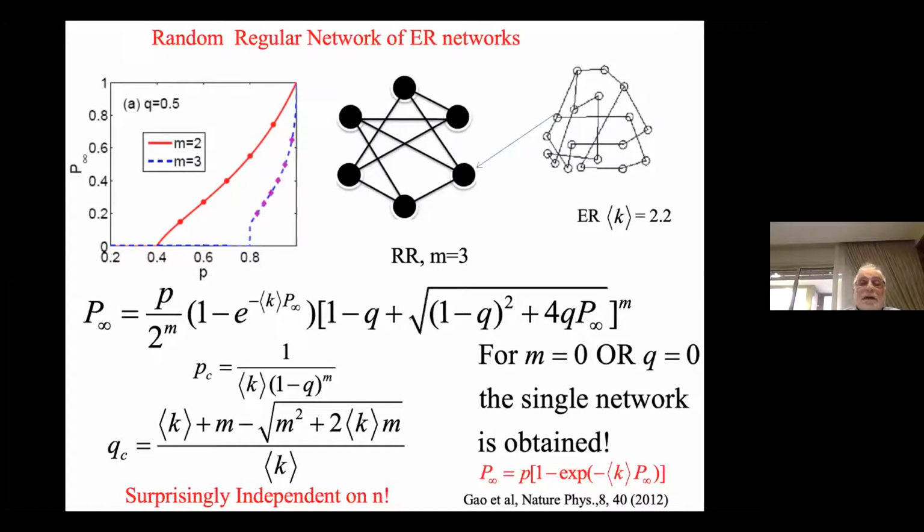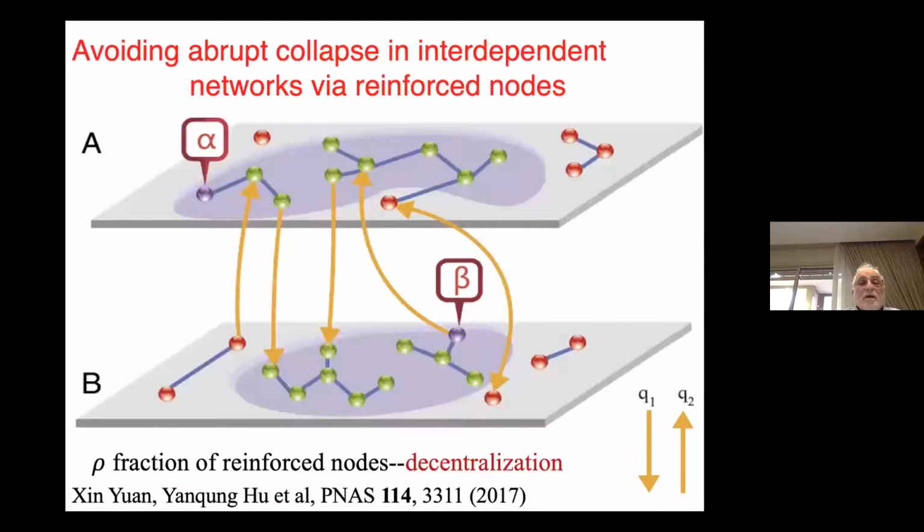What does decentralization mean? If I have, for example, two networks, this is the giant component in one network, and this is the giant component in the other. If I look only at the giant component here and the giant component here, I will not have a functioning network.